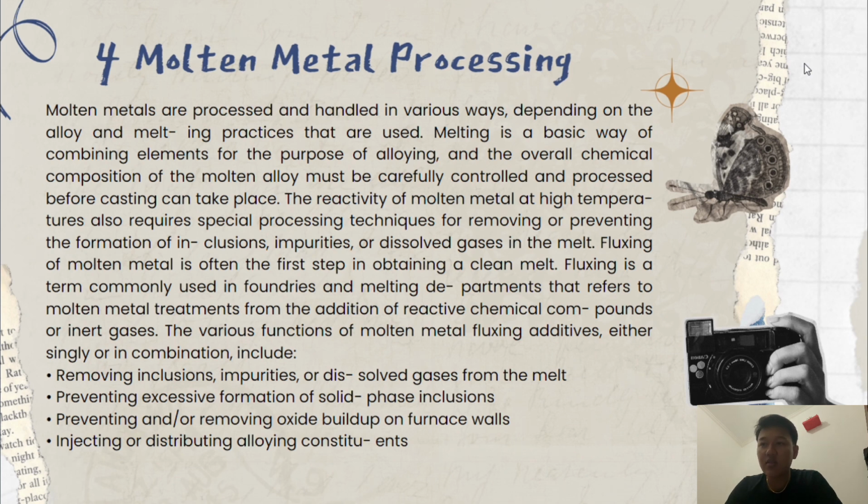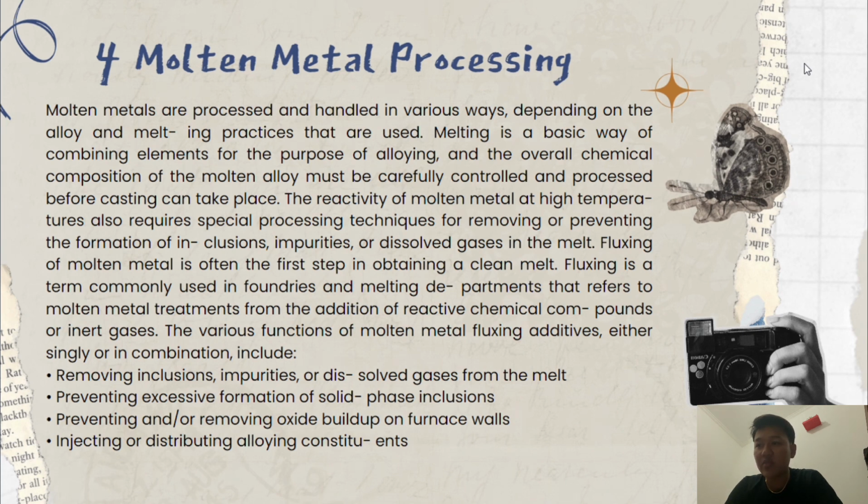The reactivity of molten metal at high temperatures also requires special processing techniques for removing or preventing the formation of inclusions, impurities, or dissolved gas in the melt. Fluxing of molten metals is often the first step in obtaining a clean melt.